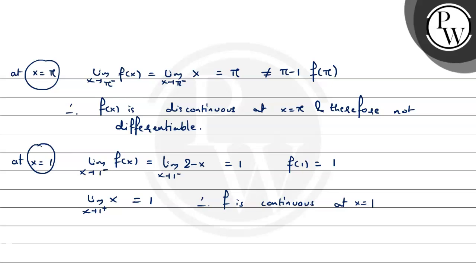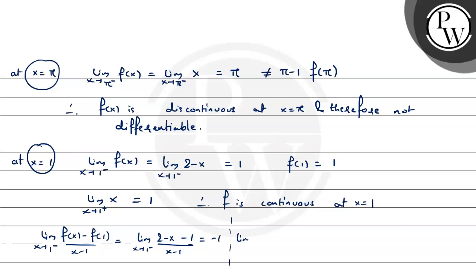But if the function is continuous, we cannot talk about differentiability directly. We need to check the limit. So here we have limit x tends to 1 minus of (f(x) minus f(1)) divided by (x minus 1). To the left of 1, the function defined is 2 minus x, so we have (2 minus x minus 1) divided by (x minus 1), which is (1 minus x) divided by (x minus 1), equal to minus 1.